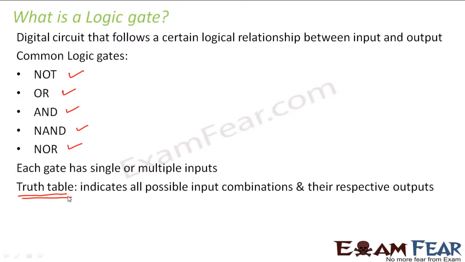You will understand it better as we go to the next slide and start discussing each of the gates one by one. The output which we get depends on a logical relationship between the inputs, so the logic gate will operate in accordance with the truth table.